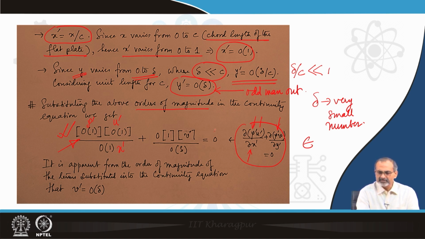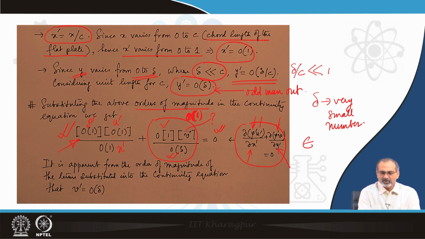Now, since the right hand side is equal to 0, we expect that the outcome of the second term also will be an order 1 term only, so that they negate each other and finally, the result goes to 0. The first term we know, that is rho dash. The second term we do not know, so we just put it as v dash order, and the denominator we know, it is order delta, that is due to y dash here.